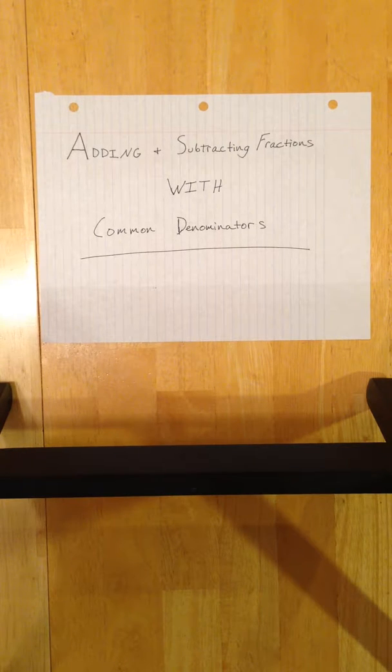Adding and subtracting fractions with like denominators can be very easy once you understand that when you're adding and subtracting fractions with common denominators, the only thing that changes is the numerator. Now, just so you guys can get refamiliarized, the numerator is the top number in a fraction. And I'm going to put an N and a D so you guys can see.